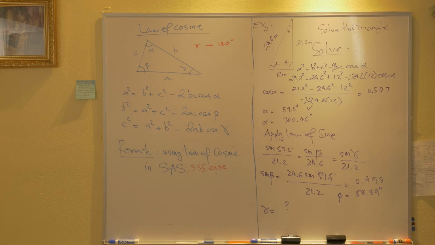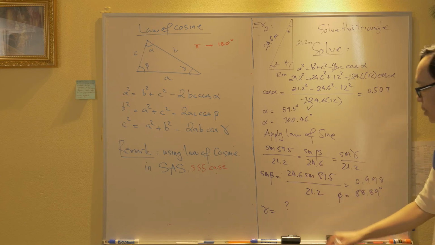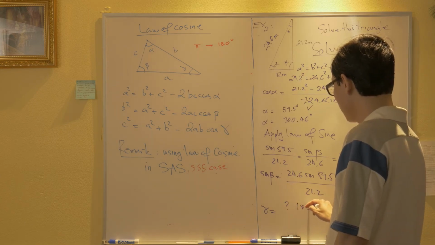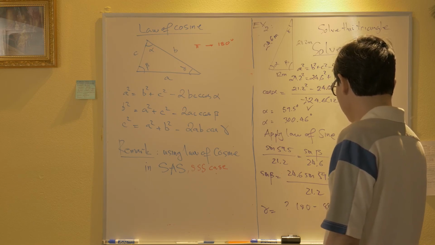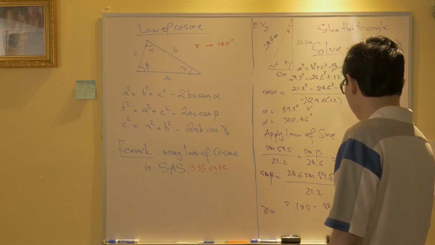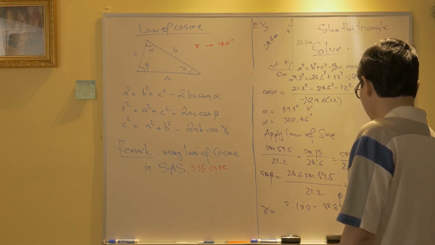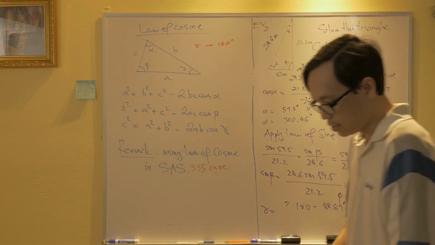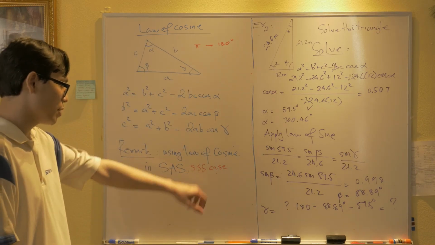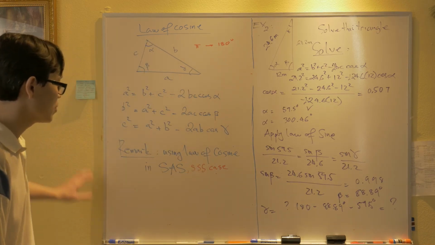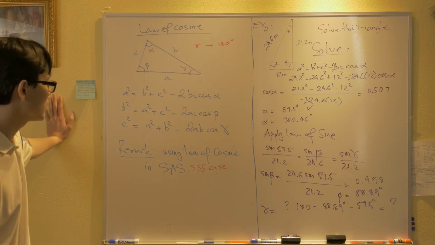Please go ahead and check it one more time, because I'm afraid I have a careless mistake. From here you can get gamma: you take 180 minus 88.89 minus 59.5 degree, and you got gamma over here. So the strategy is like that. I want you guys to recalculate it to make sure that I don't have any careless mistake.